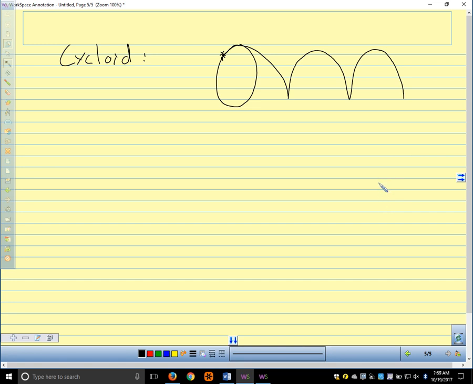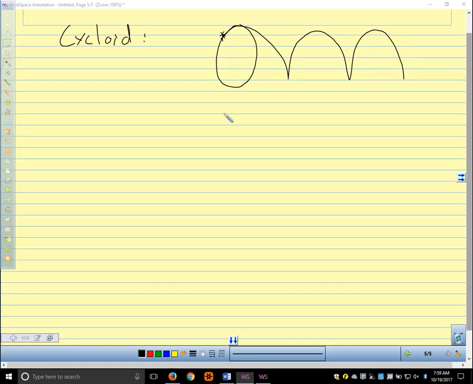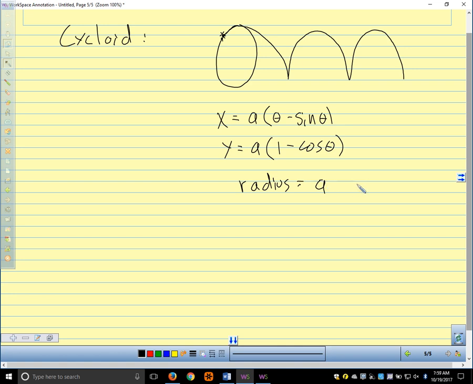And it is difficult to represent the equation of a cycloid in explicit form. I'll show you what it is in parametric form. We get x equals a(theta minus sine theta), and y equals a(1 minus cosine theta), where the radius equals a, and theta is the angle through which the circle is rotated.